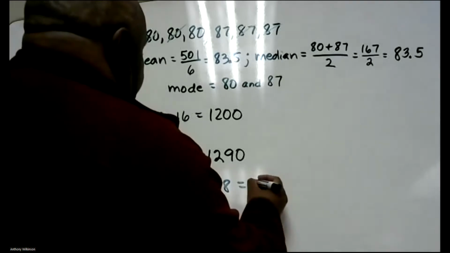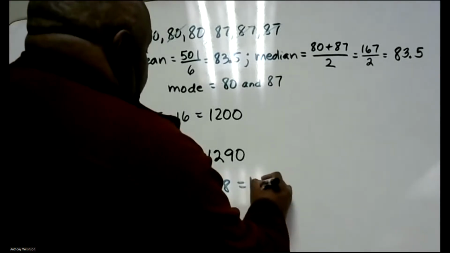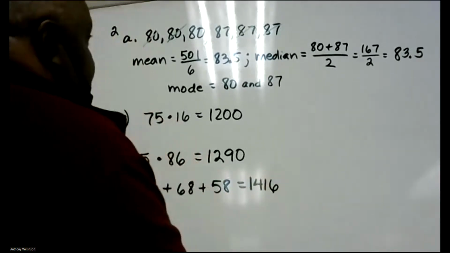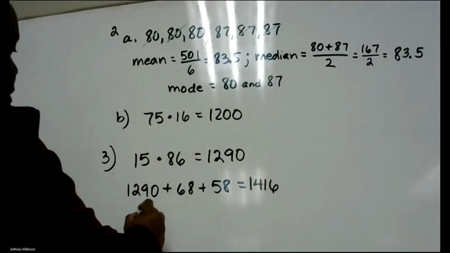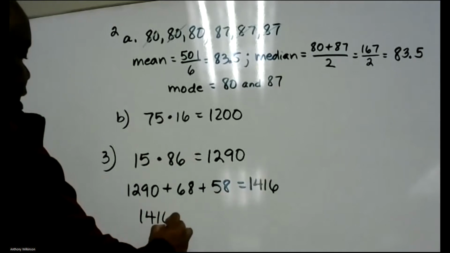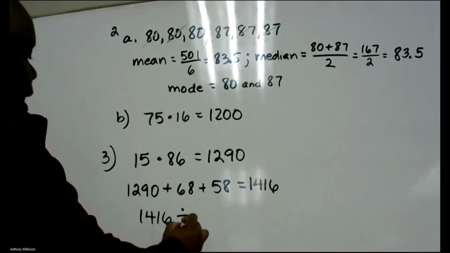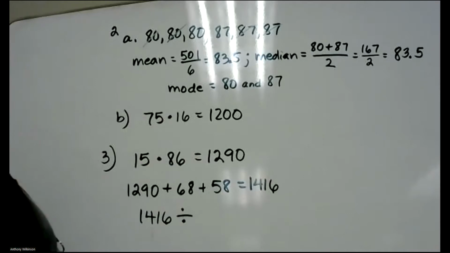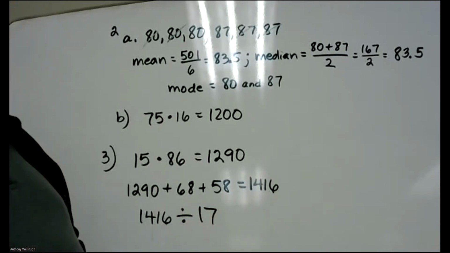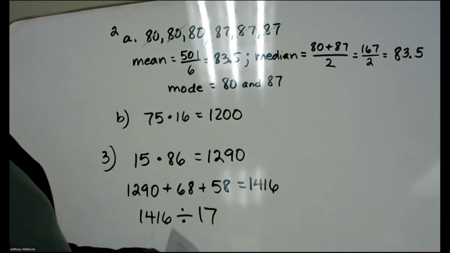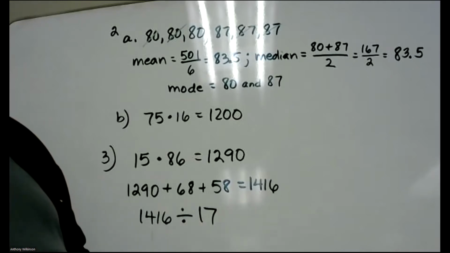And you should get a sum of what? 1,416. And now to find that new average, we're going to take the 1,416 and divide by 17. Because 15 students already took the test, and now you got 2 more students taking the test. So that's a total of 17 students that took that test.